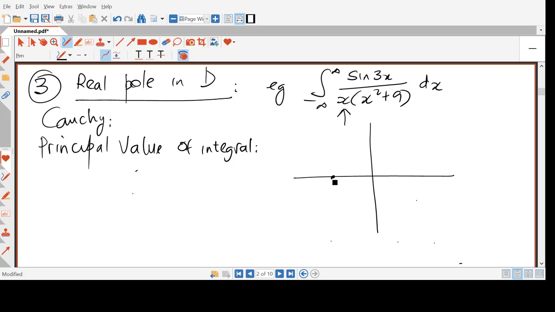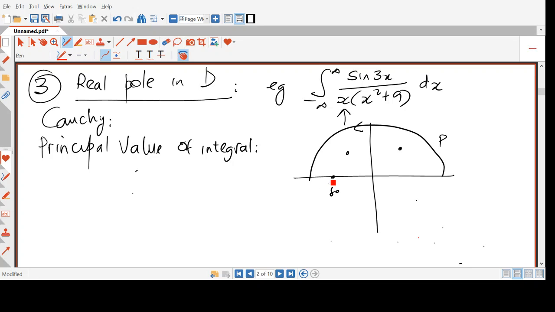Suppose you have a point z0, which is exactly on the x-axis. Then now it's a real pole. And then you may have other unreal or complex valued poles there. You do your normal, surround that by means of a semicircle. Let's call that P.